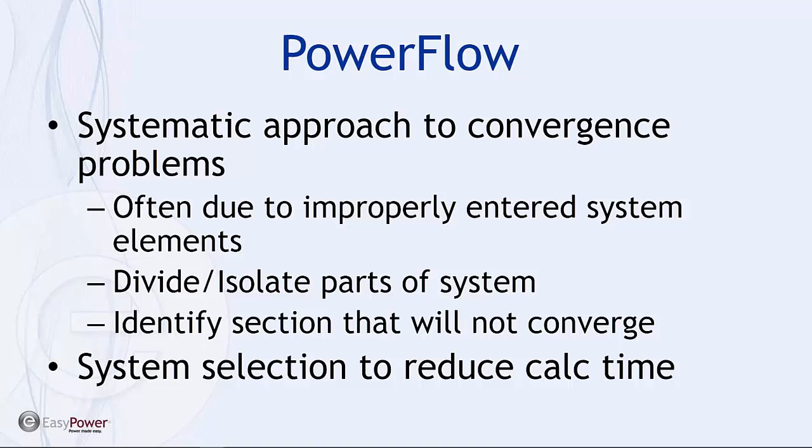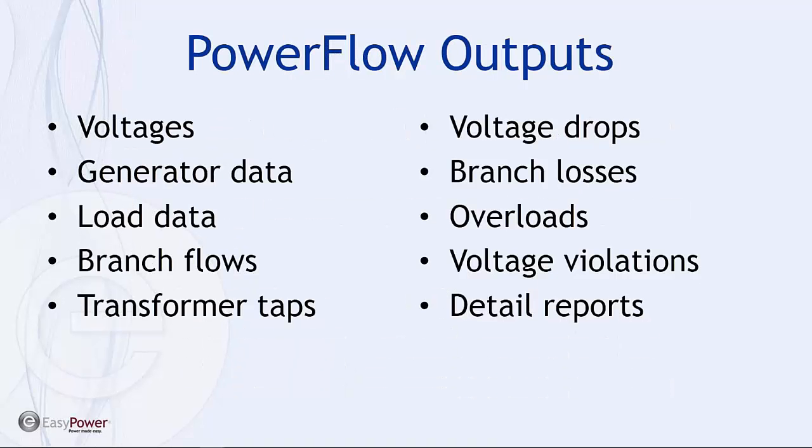And then we're also going to be looking at the ability to reduce parts of the system and then reduce our calculation time by only running analysis on the section of the system that we've isolated. So there's going to be a couple things going on, and without belaboring it, it's easier just to see how it works rather than talk about it.